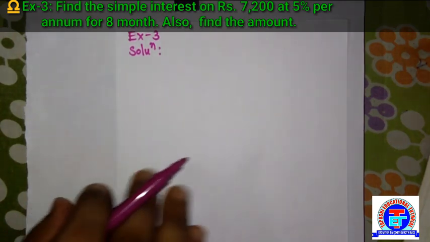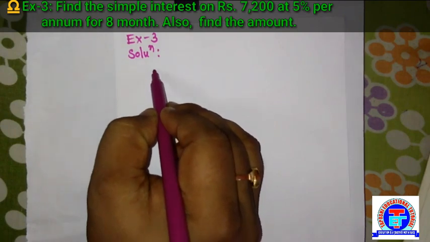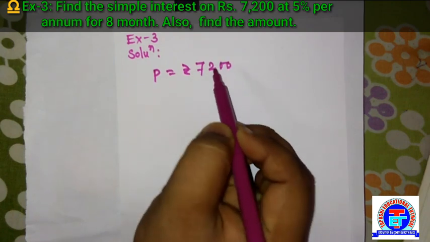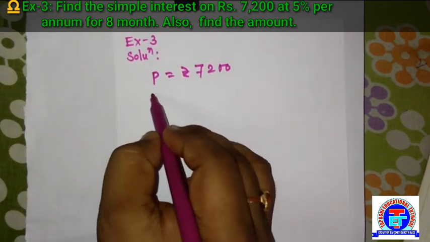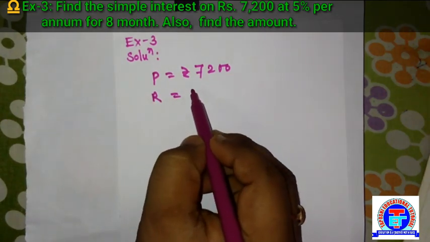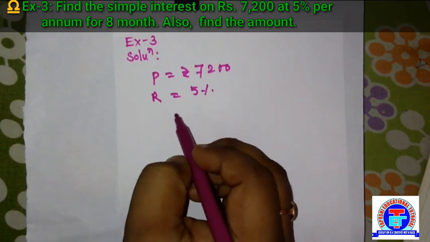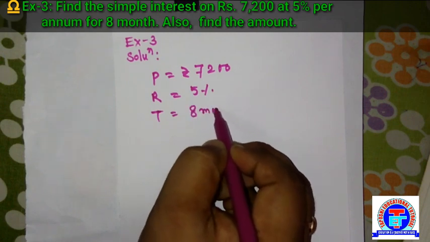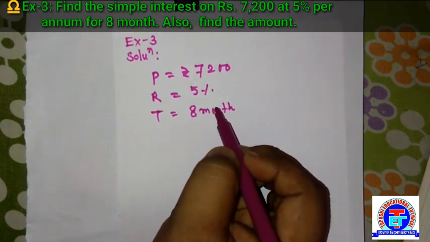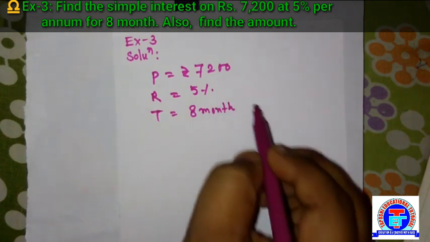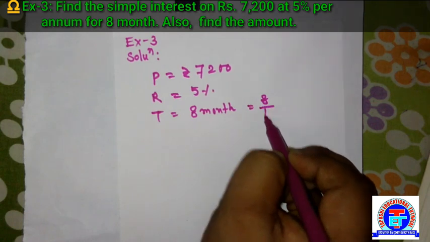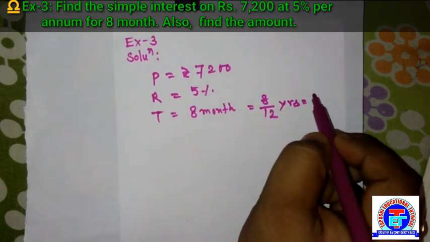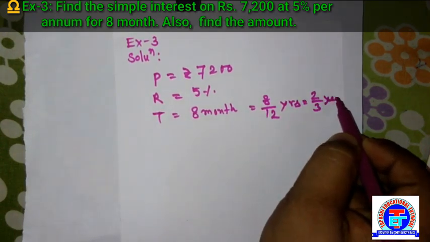So principal P is equal to rupees 7,200, and rate of interest R is equal to 5%, and time T is equal to 8 months. 8 months means 8 divided by 12 years, that means 2 by 3 years.